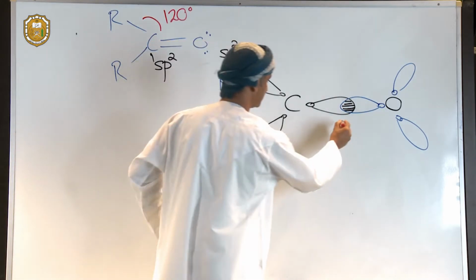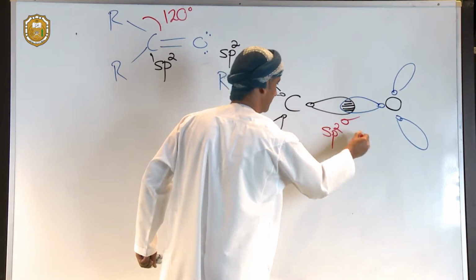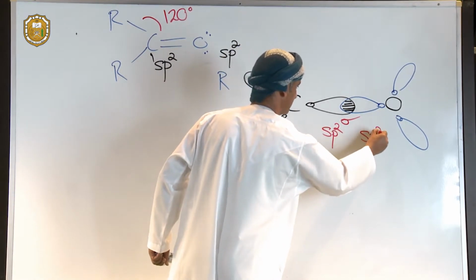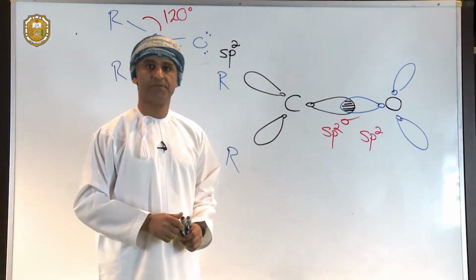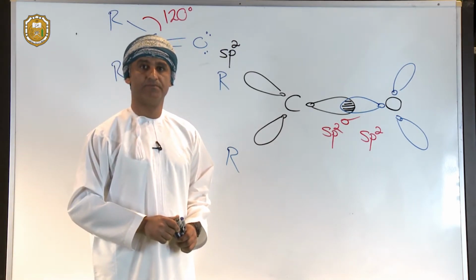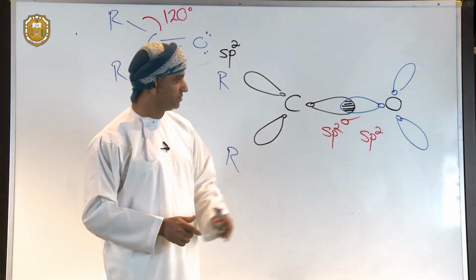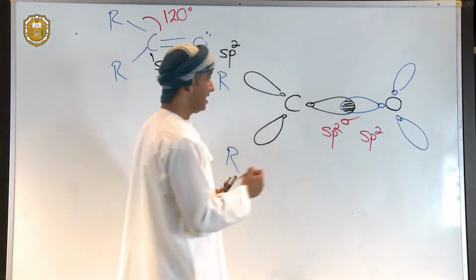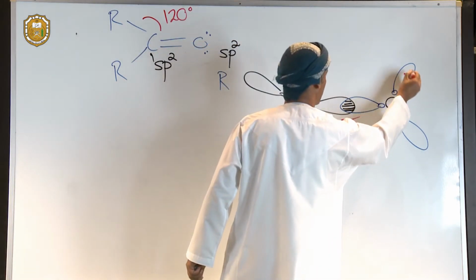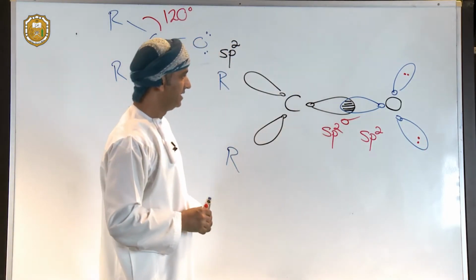So this is a sigma bond, formed by an overlap of an sp2 hybrid orbital from carbon with another sp2 hybrid orbital from oxygen. Now, the other sp2 hybrid orbitals on oxygen contain the lone pairs. Okay, so there are 2 electrons in that sp2 hybrid orbital, and there are 2 in the other.